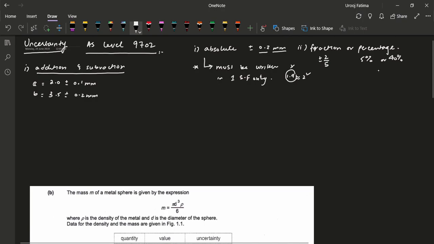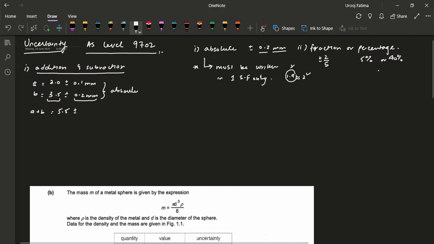Now, if you're asked to do a plus b, the addition operation, you must understand that this value is the mean value and this is the uncertainty. You just add the mean values. When we add, it's going to be 5.5 plus minus, and then we have to add the uncertainty as well, because these uncertainties are already written in absolute.